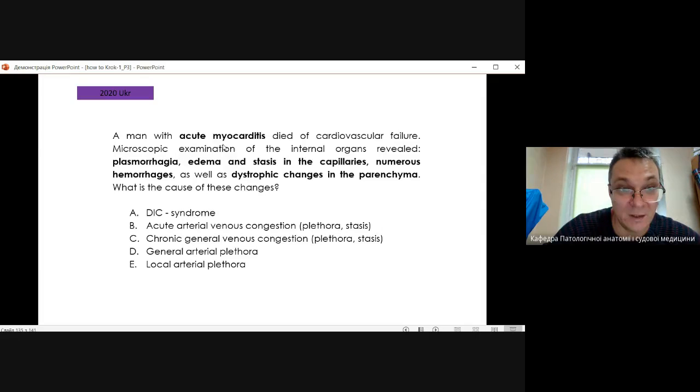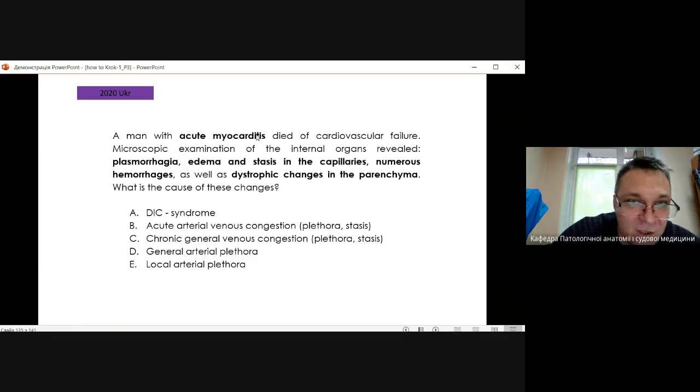Systemic inflammatory process. In our case, we only have acute myocarditis, and the most prominent pathogenesis of this process is not connected with the suffix itis. It's not connected with the inflammatory process, but rather with the left ventricle insufficiency, which is acute. If I replace acute myocarditis with acute myocardial infarction, the result will be the same.